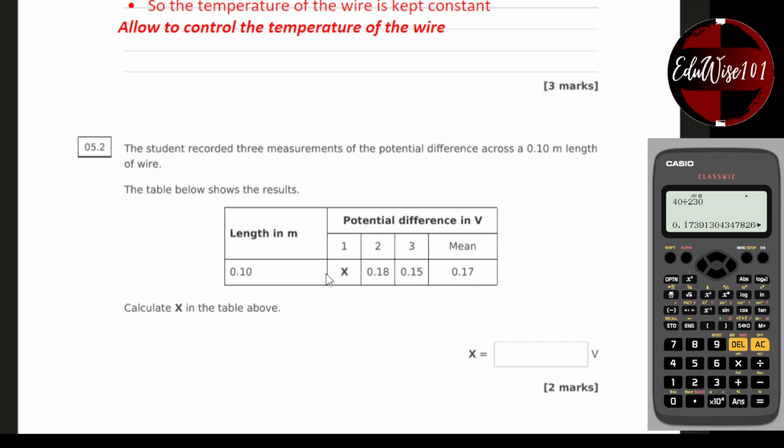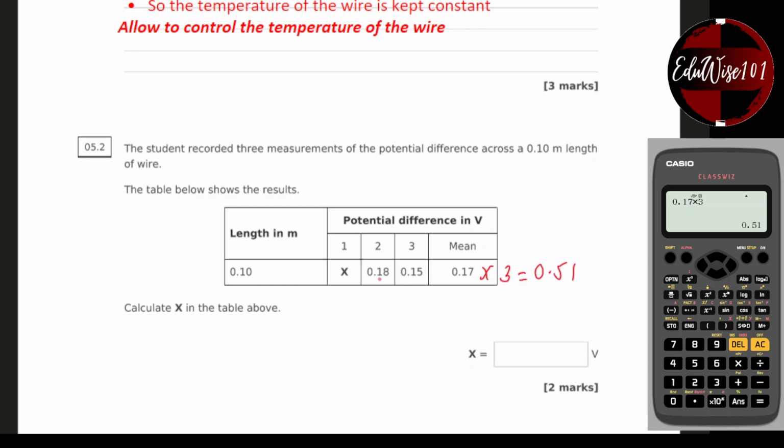So these 3 values added, including X, 0.18 and 0.15, the mean of these 3 values is 0.17. So in order to find the total, you could multiply this 0.17 by 3. So 0.17 multiplied by 3 gives me 0.51.